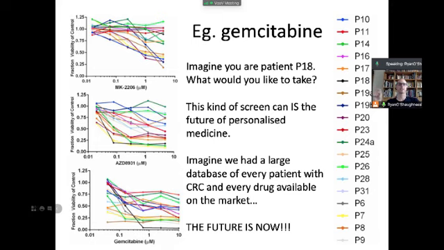What we would have is personalized medicine. We would be able to more rapidly treat patients with the correct drug. And it would save huge amounts of money and would improve the outcome for these individuals with colorectal cancer, where typically, apart from surgical resection, the outcome is pretty poor.